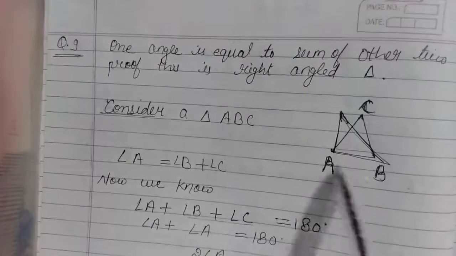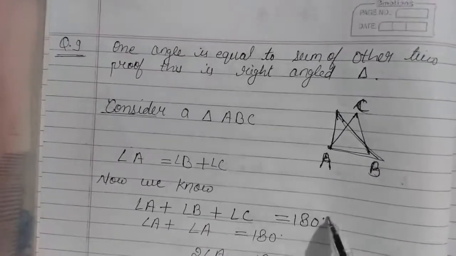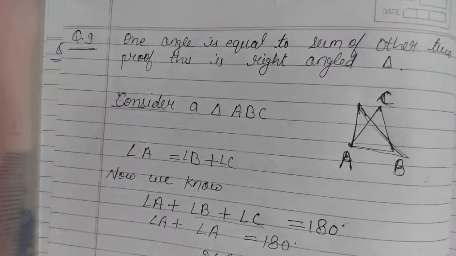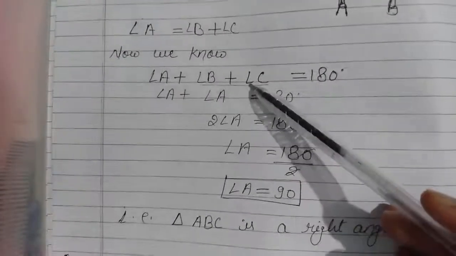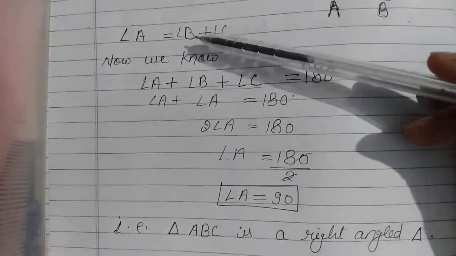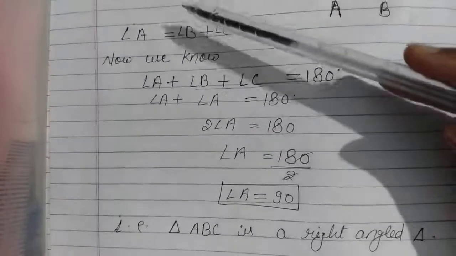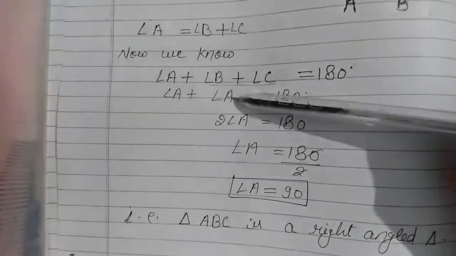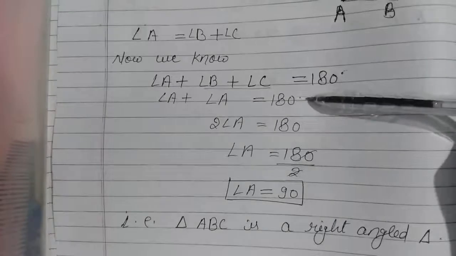Now again we apply the property of a triangle that the sum of all angles is equal to 180 degrees. That means angle A plus angle B plus angle C is equal to 180 degrees. Now we have already considered that B plus C is equal to A, or A is equal to B plus C. Then in the place of B plus C we can put angle A. So in the place of B plus C I am putting angle A. That means angle A plus angle A is equal to 180 degrees.